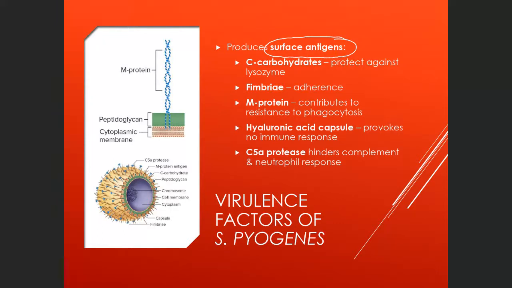Just remember, mostly enzymes and toxins are the virulence factors. So in addition to these enzymes and toxins, they also have surface antigens as virulence factors. The C carbohydrate, this one over here, is a structure that is also used as a virulence factor causing disease in humans.